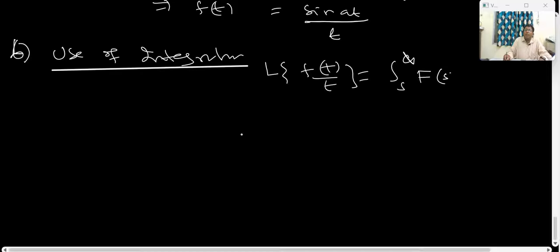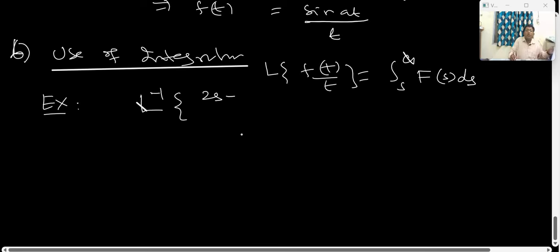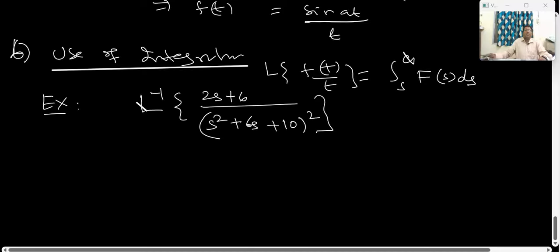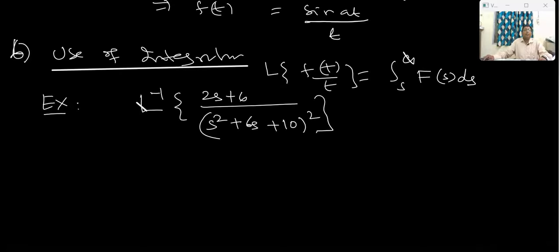So suppose you are given an example: find the L inverse of (2s plus 6) divided by (s square plus 6s plus 10) whole square. Then how to solve it?